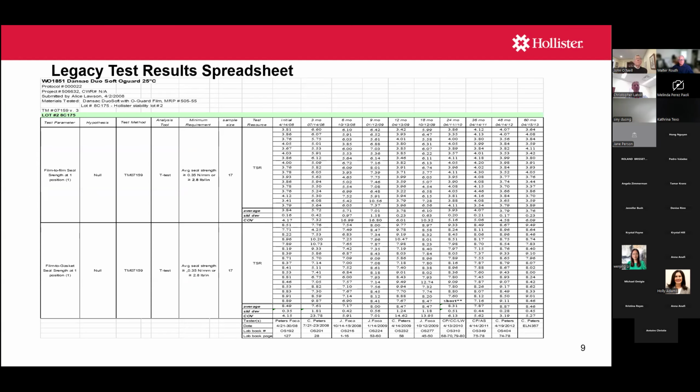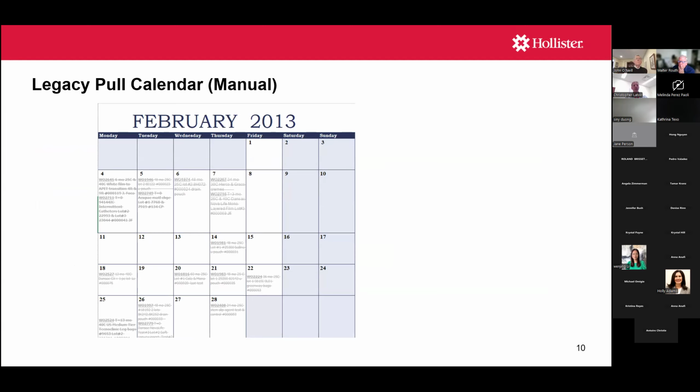Just a couple examples. This is a spreadsheet one of the analysts created to enter all the data for a couple tests. And this is that legacy pull calendar, very manual. The date they placed samples in the chamber was the initiation date. Then they would literally go through the calendar.